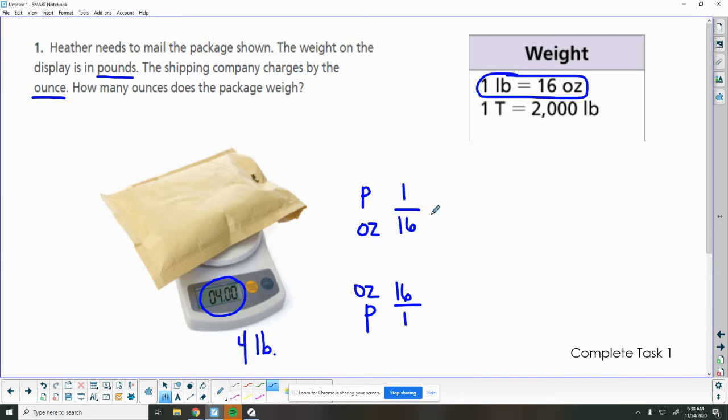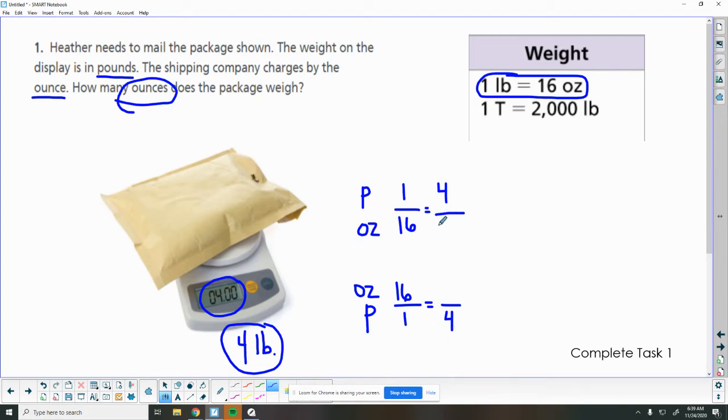So now we're going to think about what we need. This is what we know. What do we need? Down here, it told us we have 4 pounds and we are looking for the ounces. So I know I have 4 pounds. Notice I put pounds all together, in my pounds row, which in this problem would go on the bottom here.